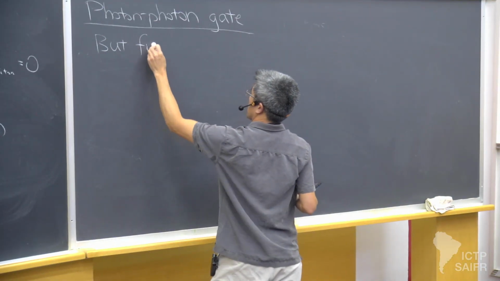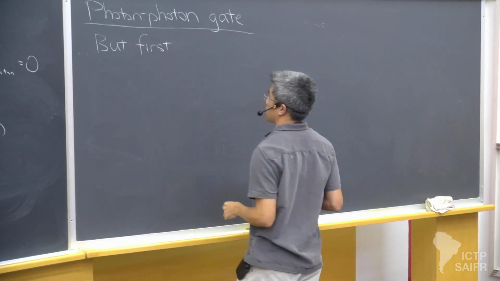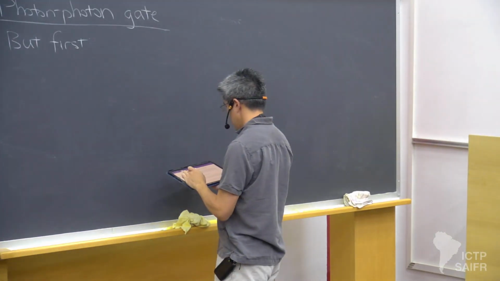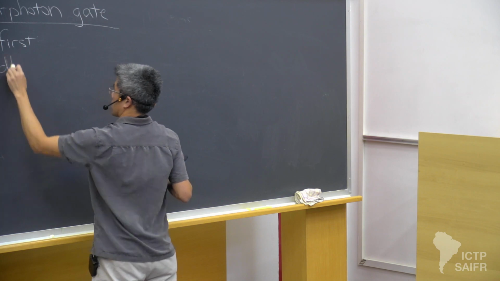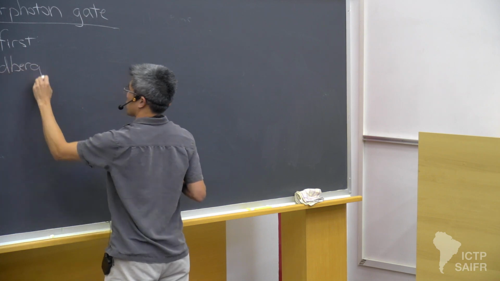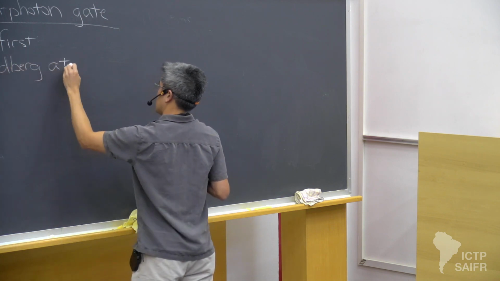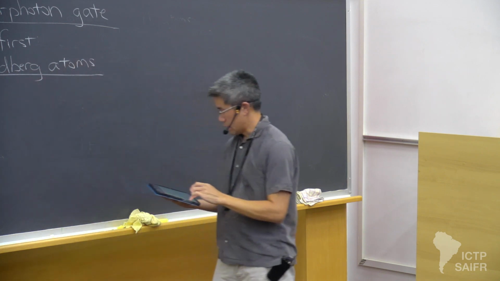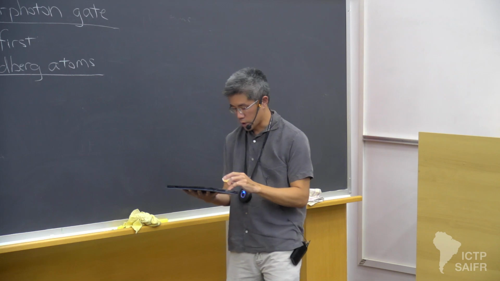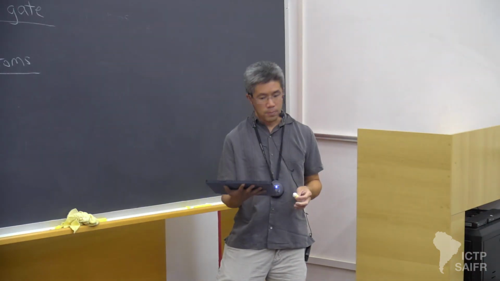But first, we'll need a kind of brief digression into Rydberg atoms and Rydberg states. Okay, that's going to be the new resource we're going to add, to allow strong photon-photon interactions to be possible.